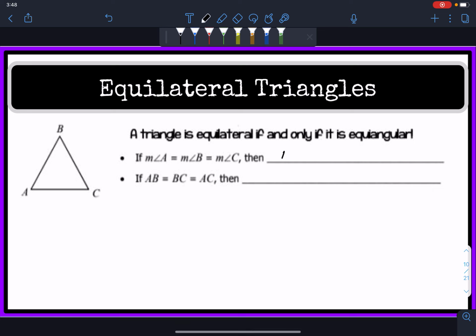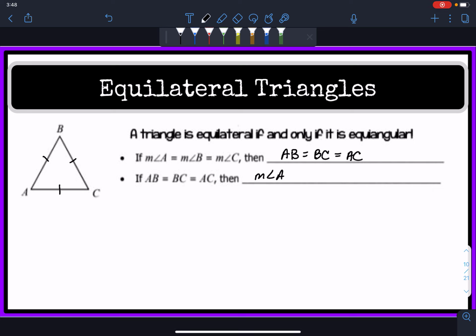So the side length from A to B is equal to the side length from B to C, which is going to equal the side length from A to C. So these three sides are equal to each other, and vice versa. If the three sides are equal to each other, then the three angle measurements are equal to each other.